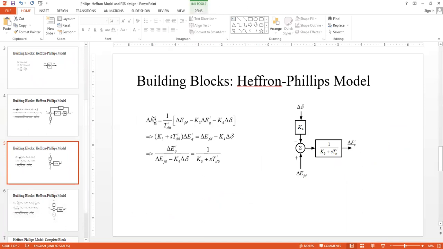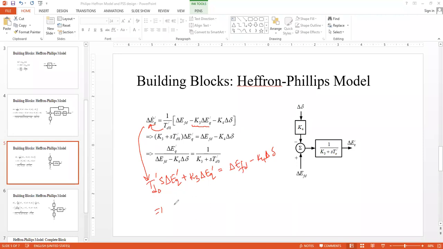Again, what we do simply, we take this s multiplied by del Eq dash, then Tdo dash is taken. So make it Tdo dash. Then we have another k3 del Eq dash. So plus k3 del Eq dash would be equal to delta Efd minus k4 del delta.